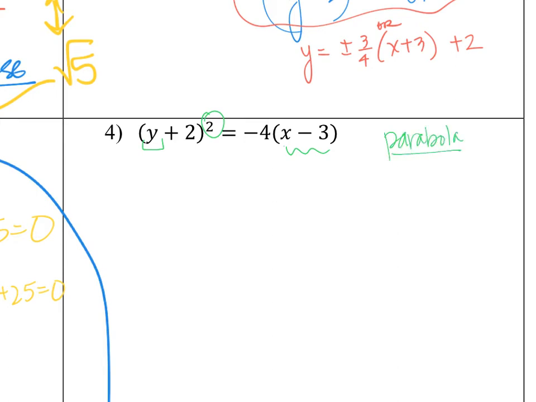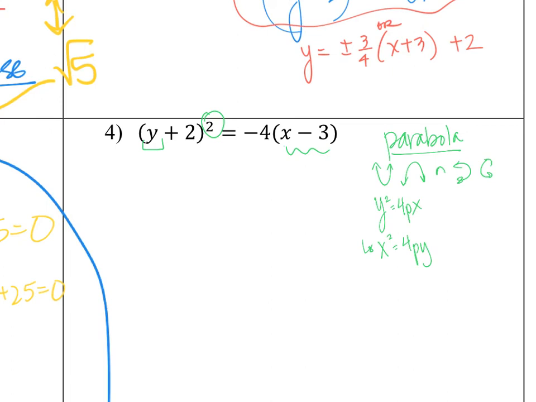And parabolas can either face up and down, or they'll go left and right, but it depends on what variable is squared. So if we have y squared equals 4px versus x squared equals 4py. The way I remember is that x squared is our regular functions that we're used to.